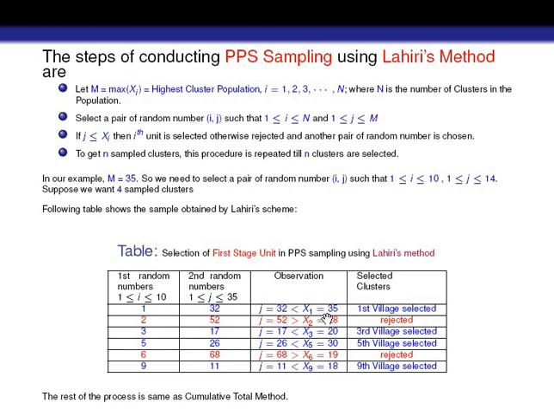Since 28 is less than this random number, cluster 2 is not selected. It is rejected.